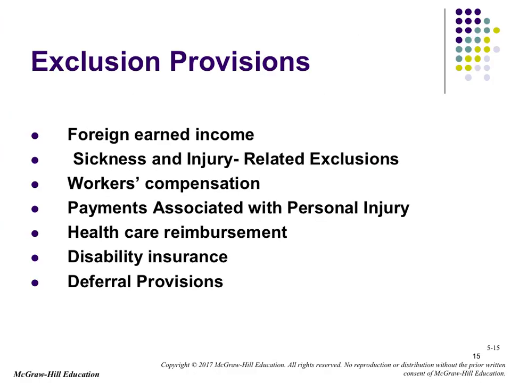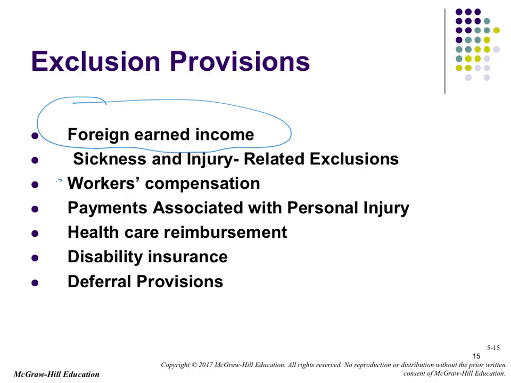All right, more exclusion provisions. So this foreign earned income, we will talk about that in an example as well, so that'll be a lengthier discussion than we want to do within this PowerPoint. All right, so sickness and injury related exclusions.